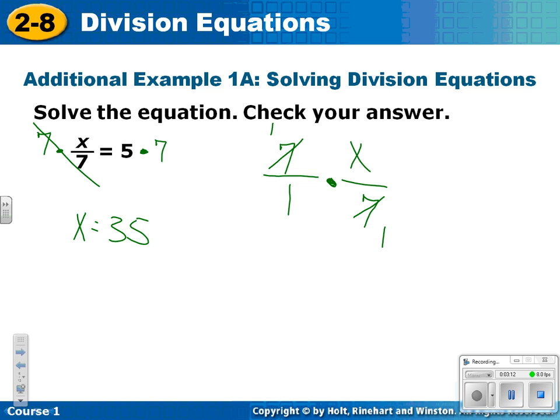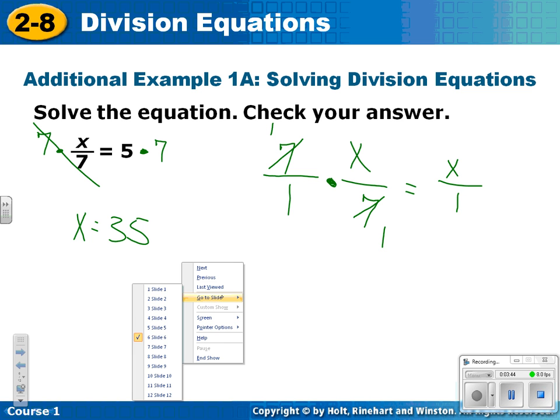Then you're left with 1 times x, which is x, 1 times 1, which is 1. And x over 1 is x. So that's how that works and why that works. If you would like me to explain that a little further some other time, come talk to me. I'll be happy to do that.